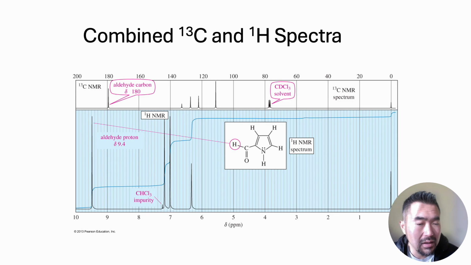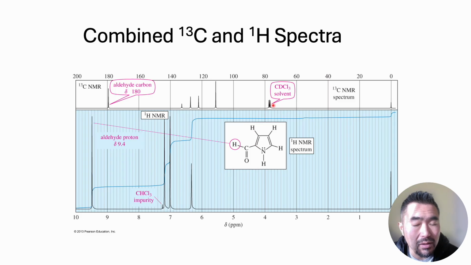So here's another proton and carbon NMR pair example, right? Aldehyde carbons are fairly big because they do have a hydrogen on them, but notice this carbon is really tiny.